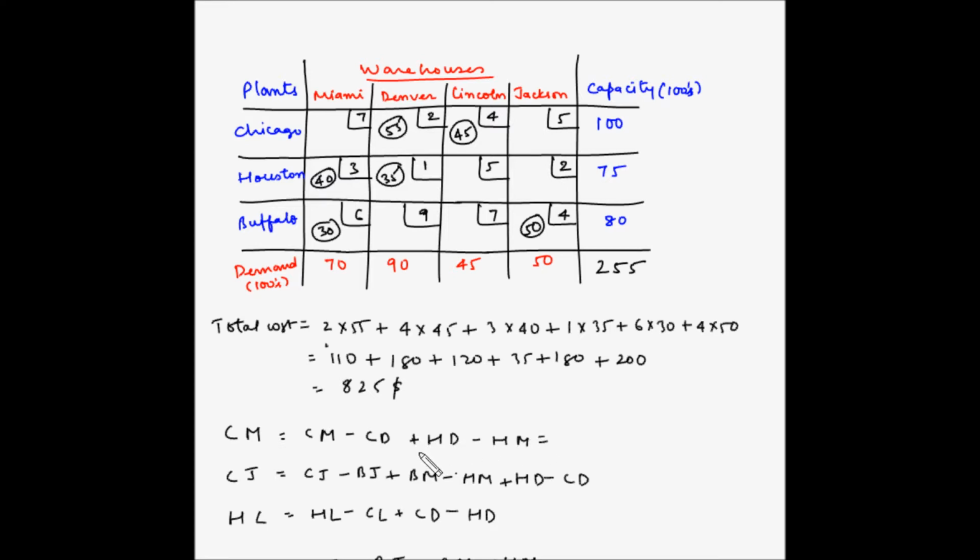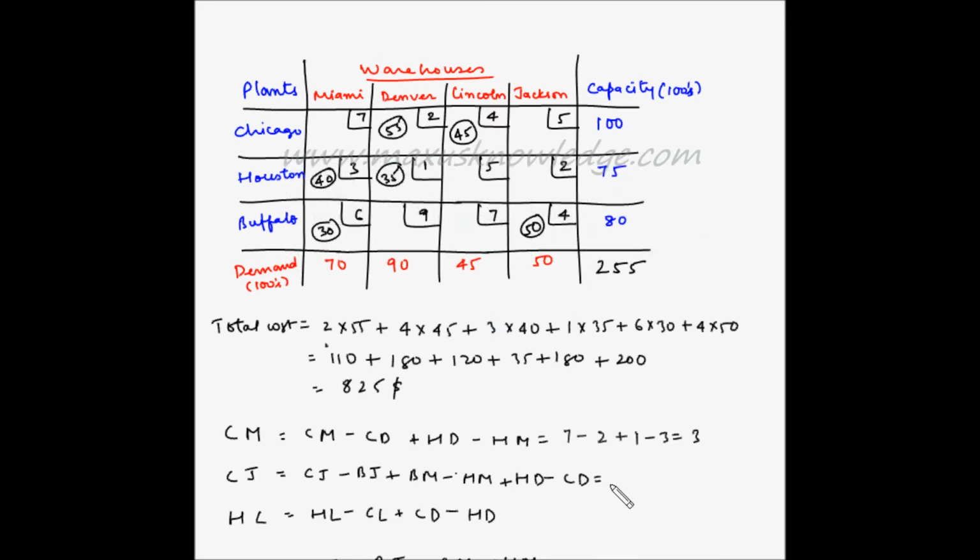So for the first one, CM to CD, so CM is 7 minus CD is 2 plus HD is 1 minus HM is 3. So 7 minus 2 is 5, plus 1 is 6, minus 3 is 3. The next one is CJ.